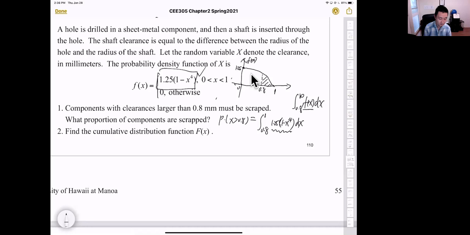Then, which is equal to 1.25 times x to the power of 5 between 0.8 and 1.